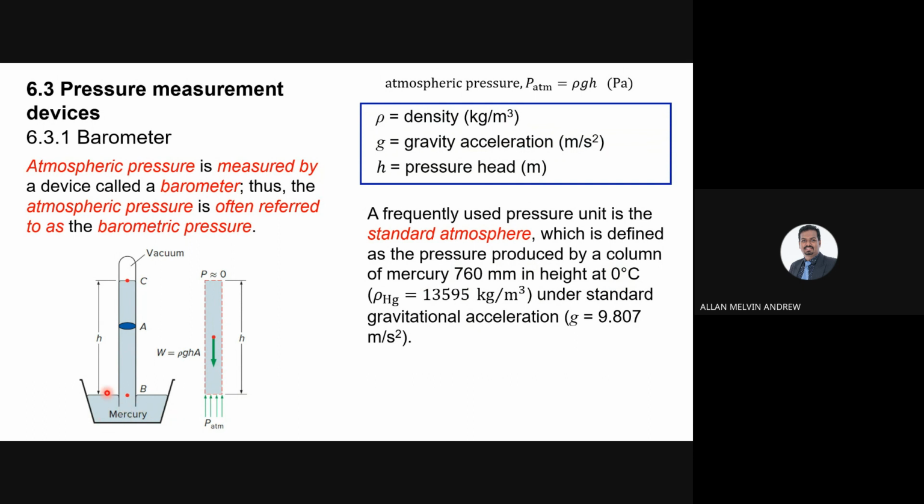Mercury is heavier, and we want to see how it can rise 760 millimeters in height at 0 degrees Celsius. Based on that, we can see how much atmospheric pressure is trying to push the weight.